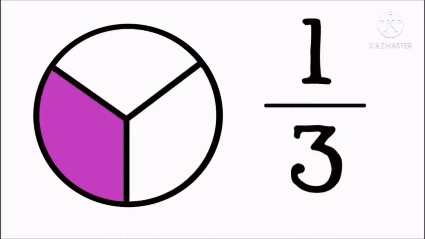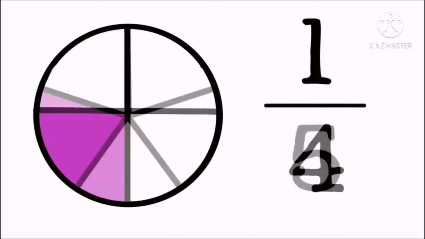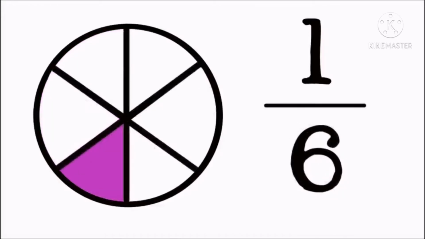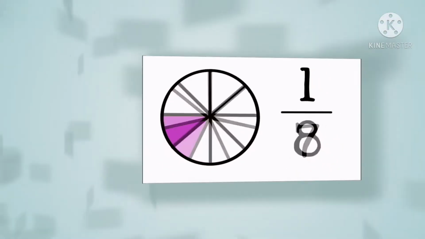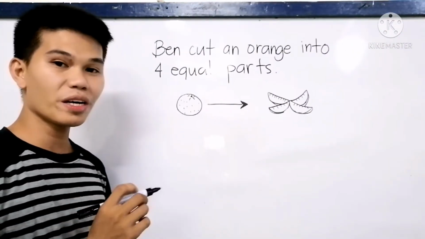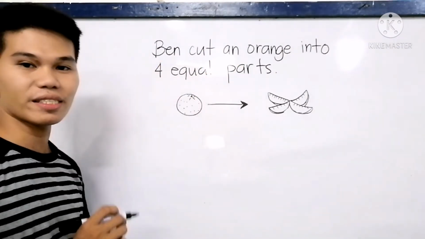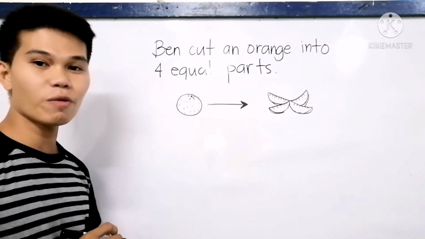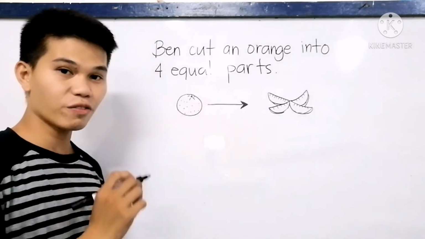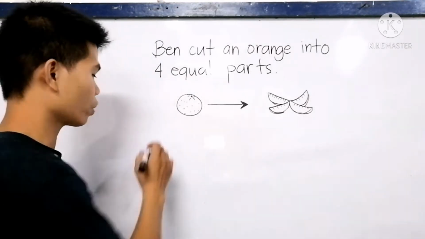You can keep cutting shapes into smaller and smaller pieces, and as long as the pieces are equal, those pieces are fractions. Now here is an example. Ben cut an orange into equal parts, and he ate 4 parts of an orange. Therefore, each part is 1/4.